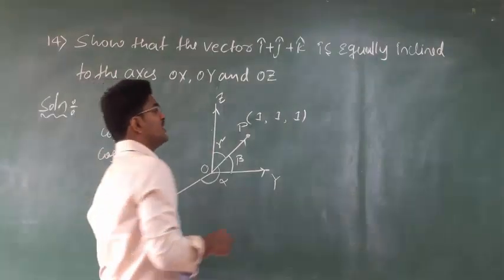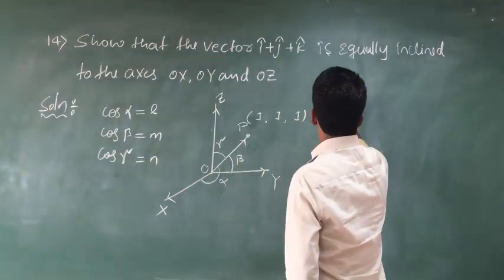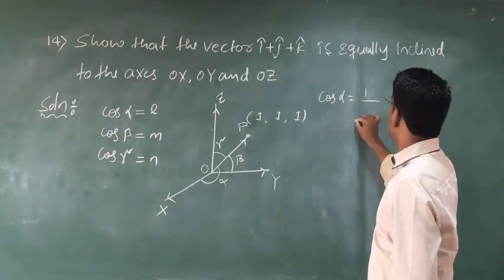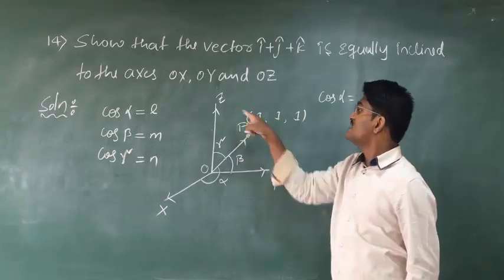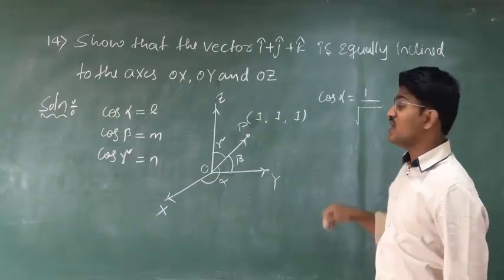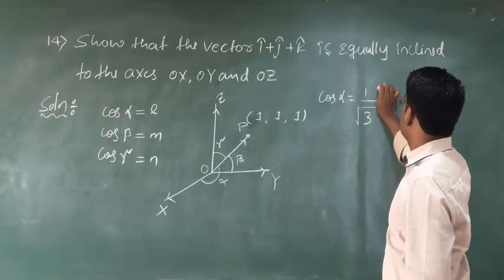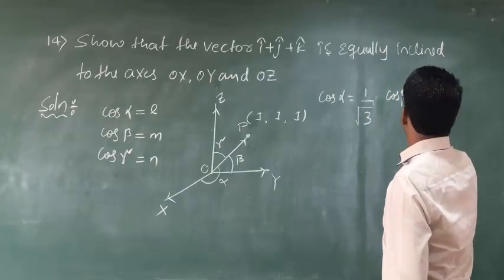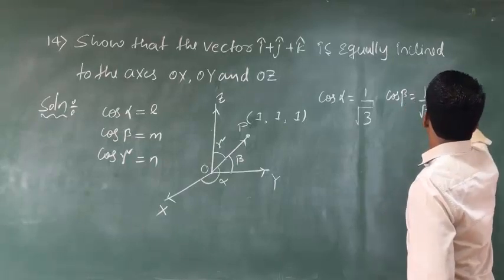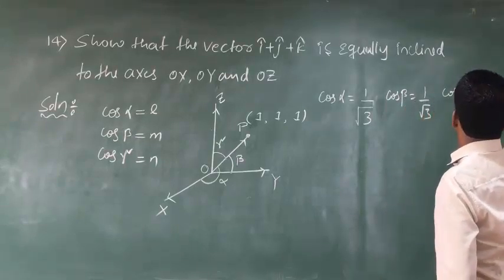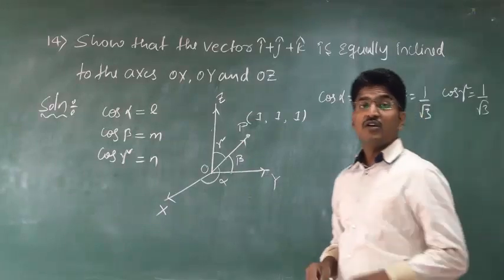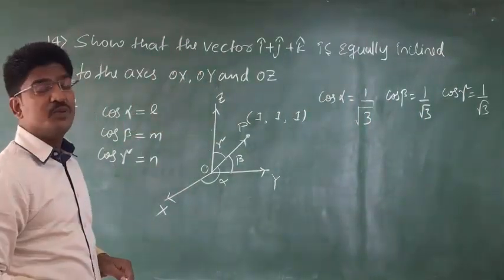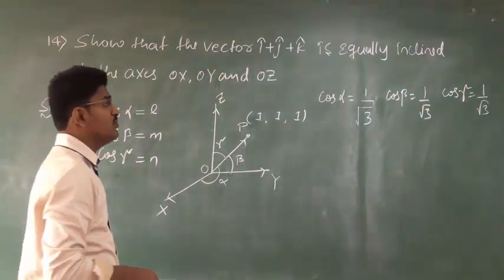So let us find cos alpha. As you all know, the formula is 1 by root of a square plus b square plus c square, so it will be 1 by root 3. Cos beta is also 1 by root 3. Cos gamma is also 1 by root 3. So from this, what do you understand? Cos alpha is 1 by root 3, cos beta is 1 by root 3, cos gamma is 1 by root 3.